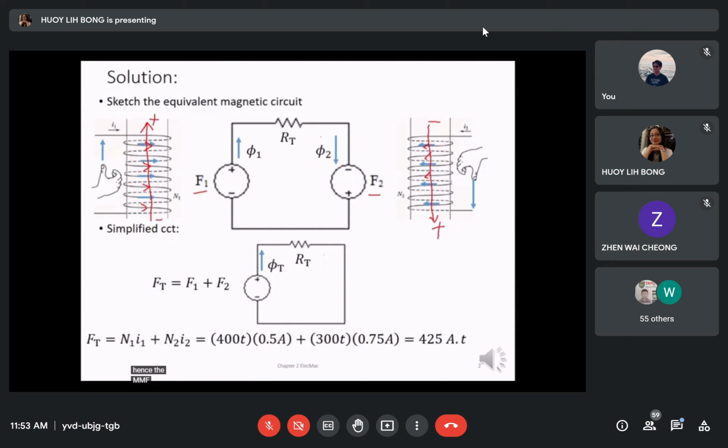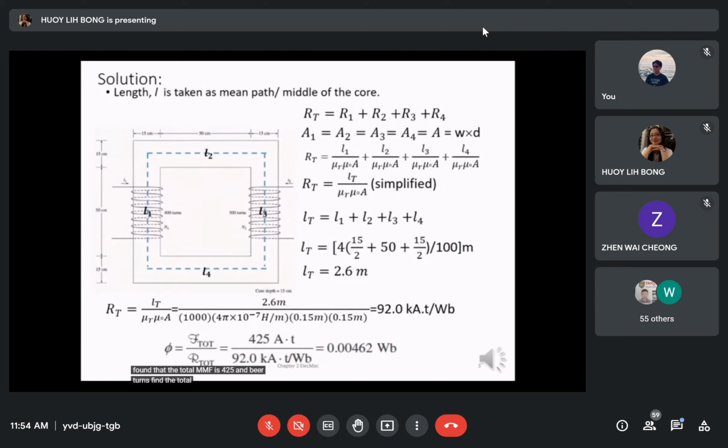Hence, the total MMF will be F1 plus F2, since the flux flowing out from each source is at the positive terminal. For F1, we have N1 times I1, and F2 is N2 times I2. We found that the total MMF is 425 ampere turns.